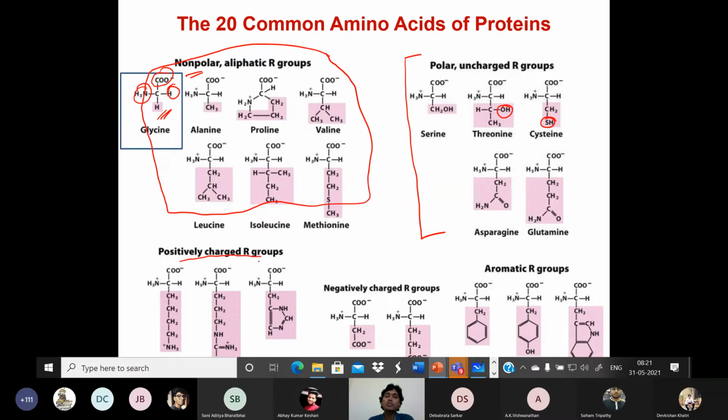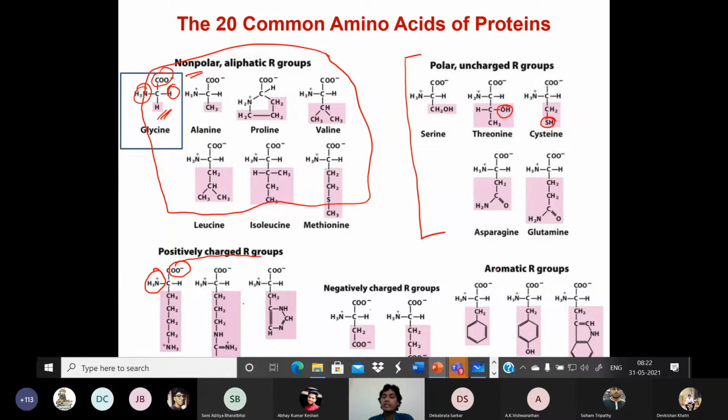They are also polar, but positively charged, meaning their side chain itself is positively charged, not considering the amine or carboxyl group. Only 3 amino acids are there: histidine, arginine, and lysine. You don't need to remember their structure. And there are 2 amino acids which are negatively charged, glutamic acid and aspartic acid, and some of them have an aromatic side chain.